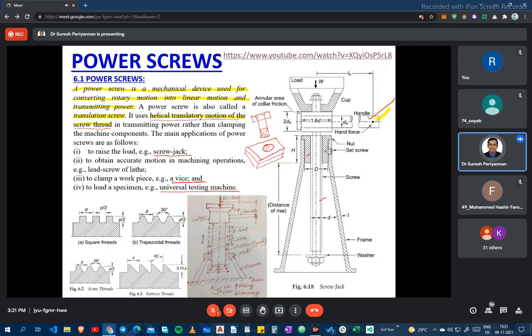This is component 1, this is component 2. This is for holding the components for a long duration. We are using V threads because on the other side we are going to use the nut, and here it will develop a high frictional force.